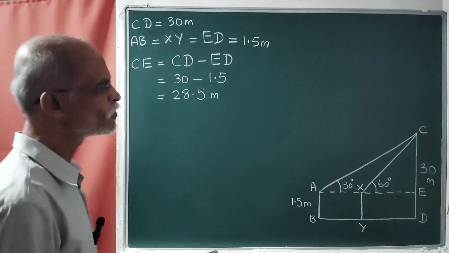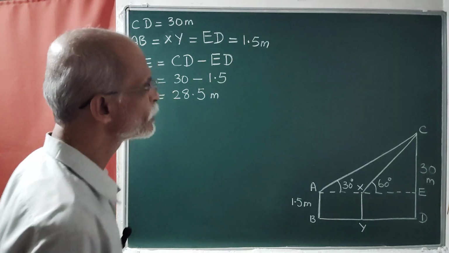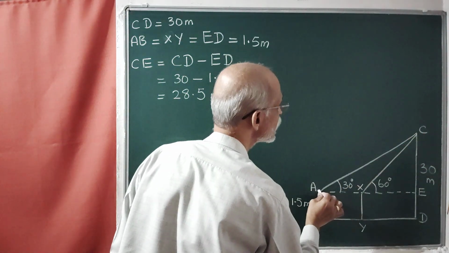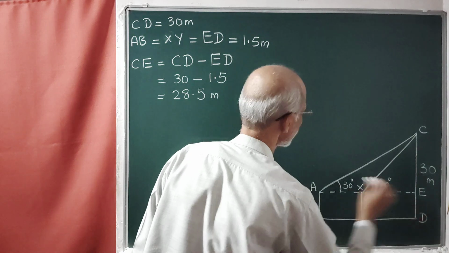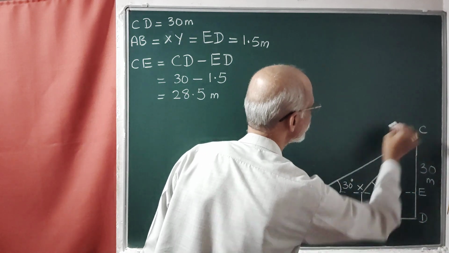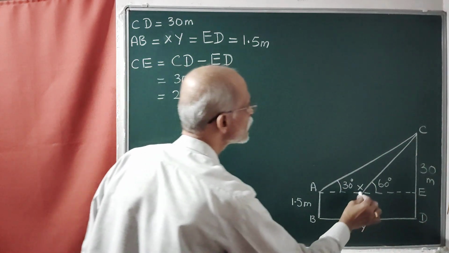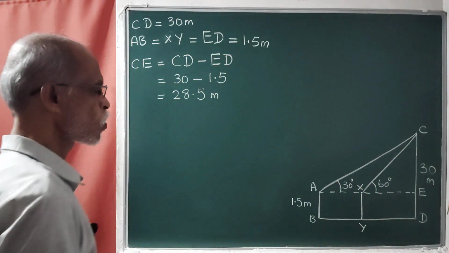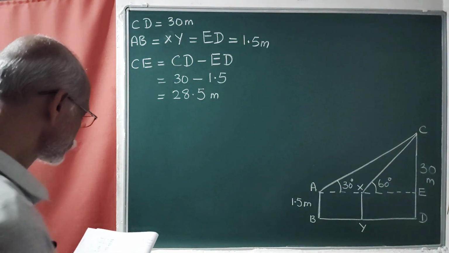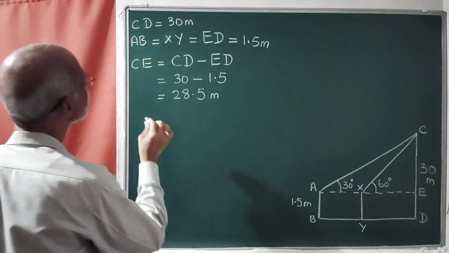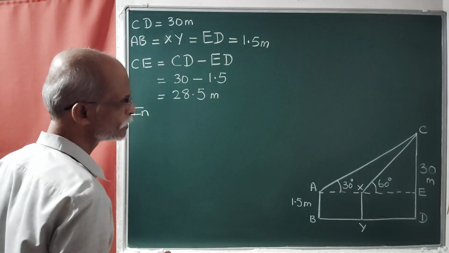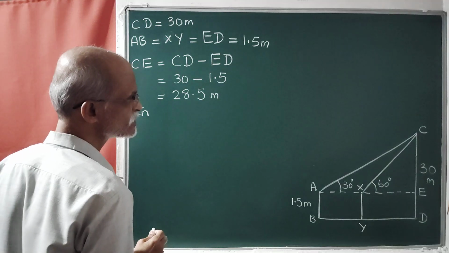Now here we have got two triangles. One big triangle, ACE, is a big triangle. XCE is a smaller triangle. Now we will take the triangle ACE.